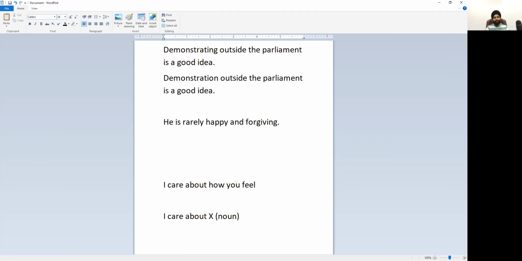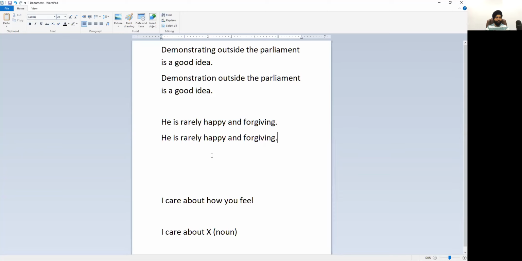Just a crude example. So what you are saying is that this thing together happens rarely. But now if you say he is rarely happy or forgiving, you are saying even individually happy or forgiving, even these are rare. There is a meaning difference.